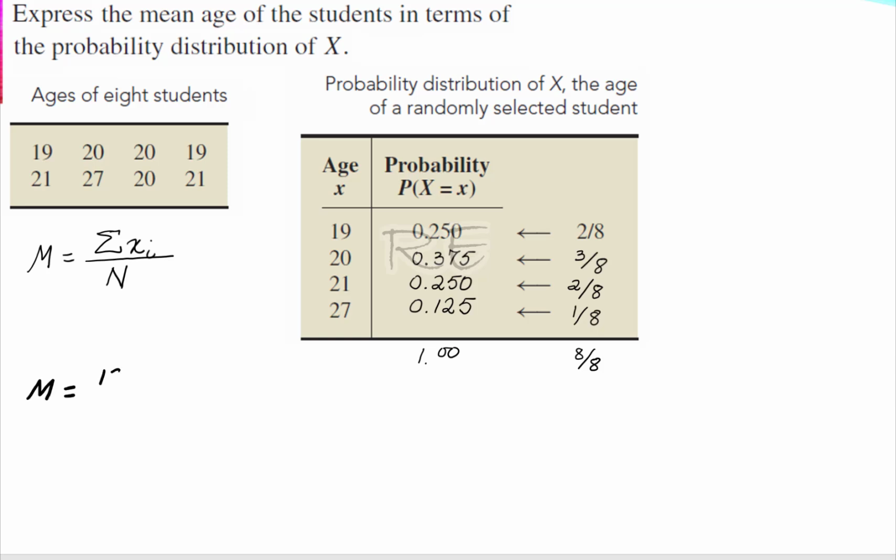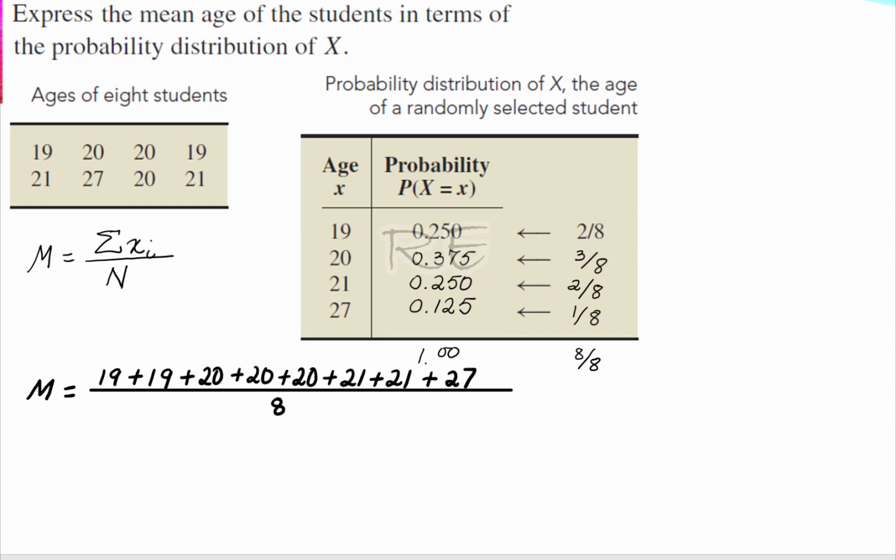It means that you have to add those 2 19s, then those 3 20s, then those 2 21s, 21 plus 21, and 27, and we have 8 of them. 1, 2, 3, 4, 5, 6, 7, 8 of them, and divide the whole thing by the number of scores, which is 8.